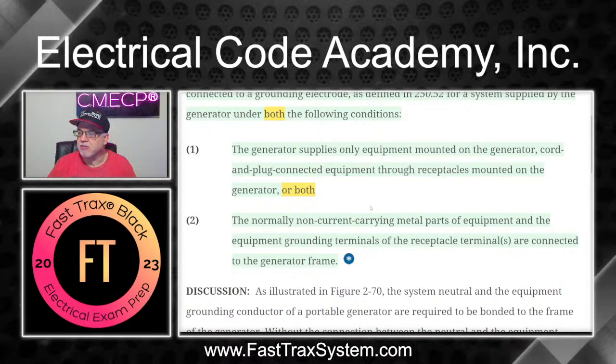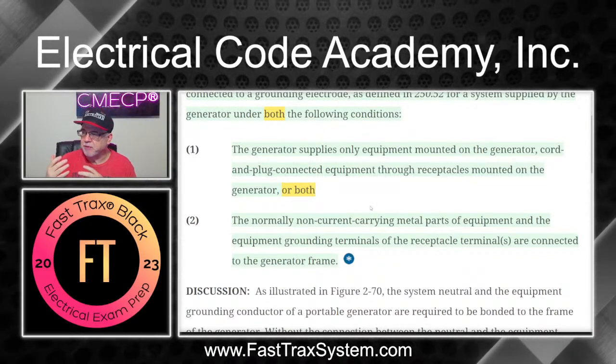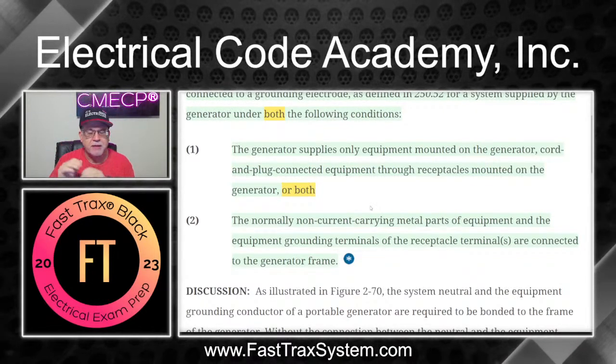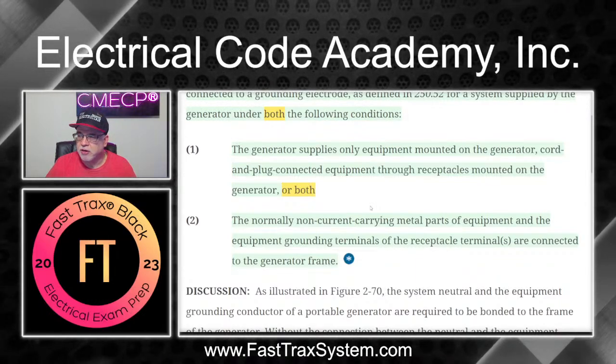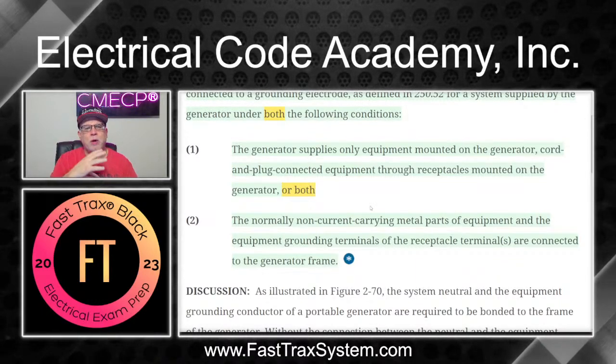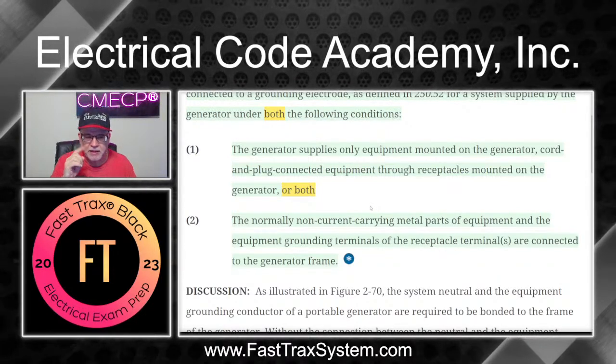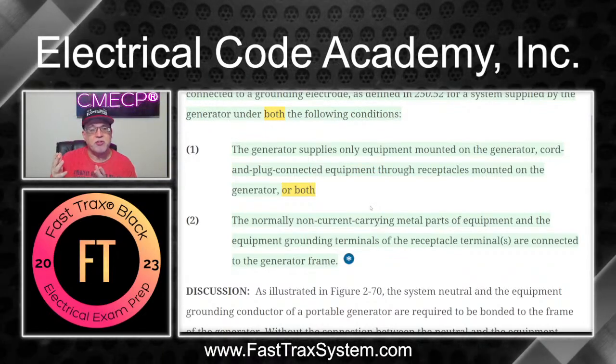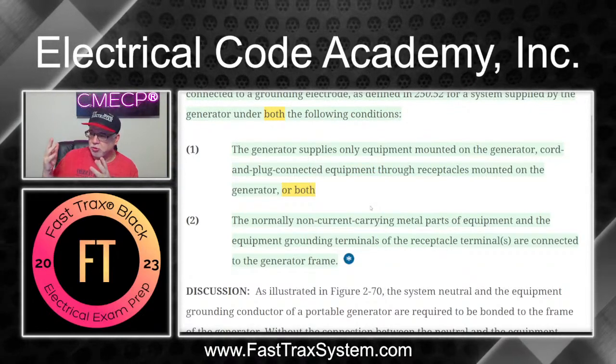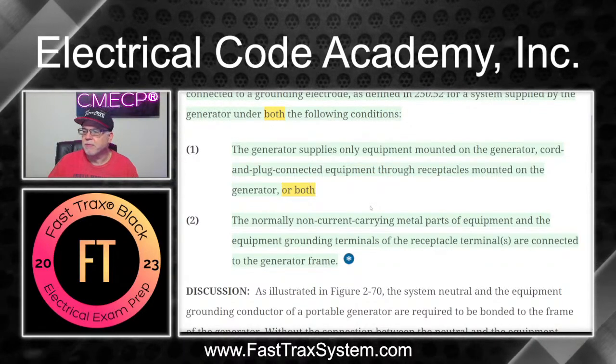Okay, now that's the first part. The receptacles are mounted on it. Okay, next, if I had a generator that was specific to a piece of equipment and that equipment is actually mounted on the generator, then again, I would not have to establish a grounding electrode for that generator. Okay, so assuming you meet that first condition, then no electrodes are required for your portable generator.